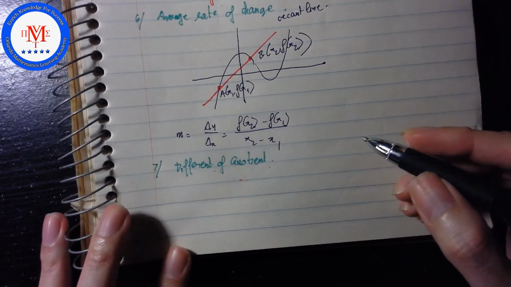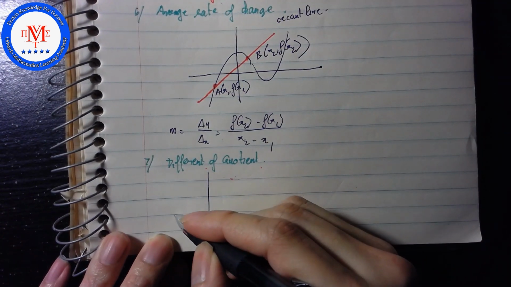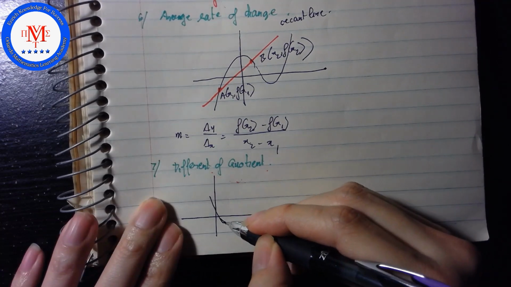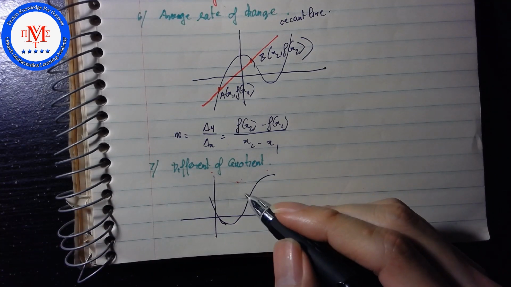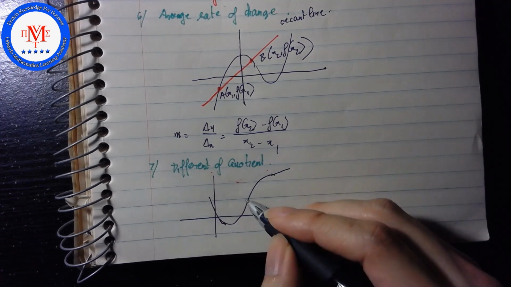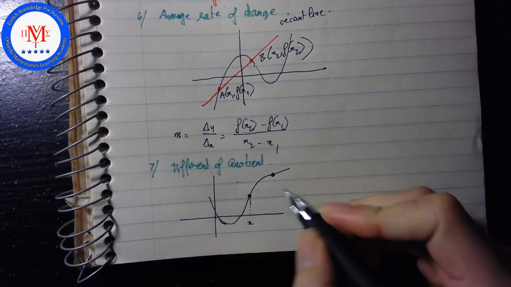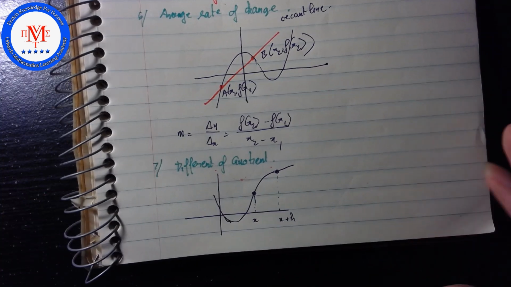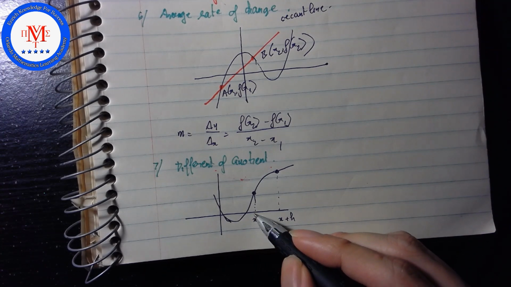For example, if I have the graph like this, at the point here I have component x, and the point here I have component x plus h, because I move x to the position x plus h, so the distance from x to x plus h is h.